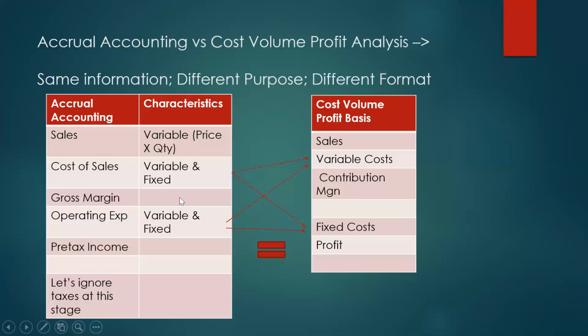There are other examples inside of operating expenses that are variable and fixed. However, let's keep this a short presentation. Variable goes up to variable expenses, and the fixed goes across to fixed expenses. So we're not eliminating expenses. We're not taking only bits and pieces of the accrual accounting income statement. Basically, in both methods, pre-tax income is the same as profit. So that's what this equal sign is about.